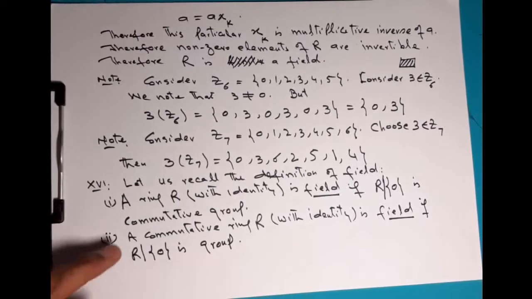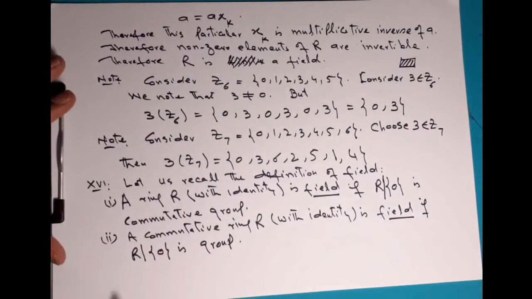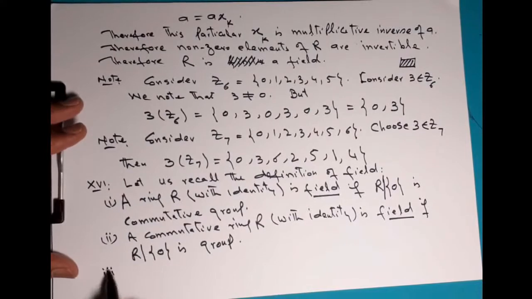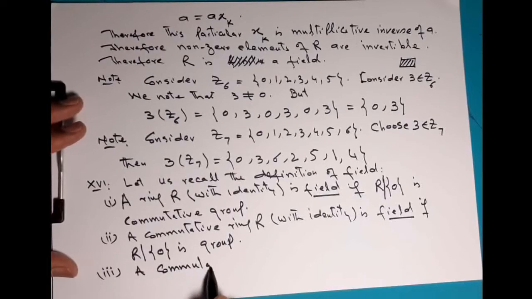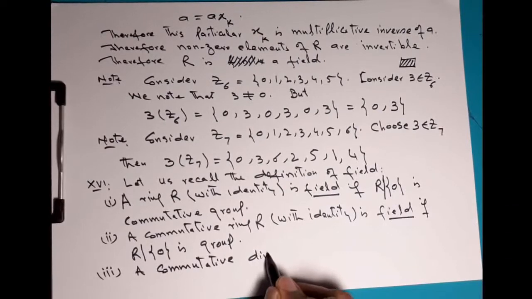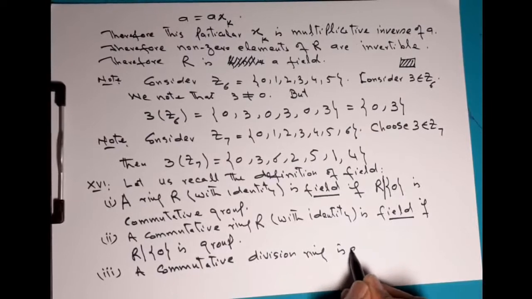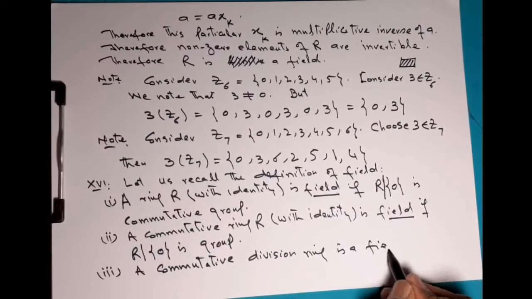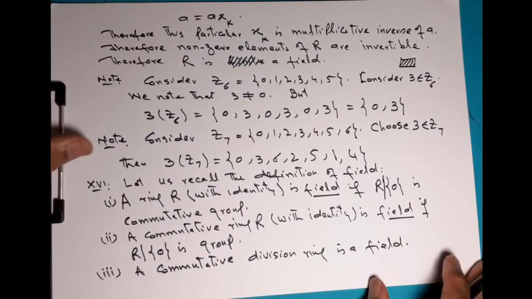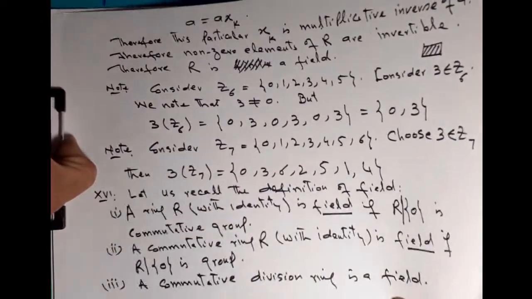We don't need to say commutative because we have said that the ring R is commutative. So if you remove the zero element, the resulting non-zero elements will form a group. Or you can say that a commutative division ring is a field. And examples of field, there are many examples.